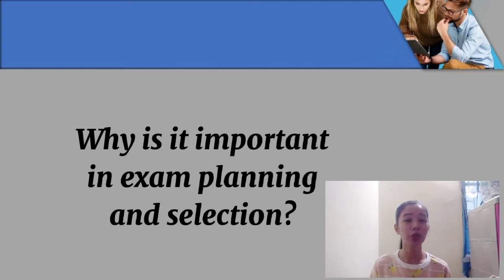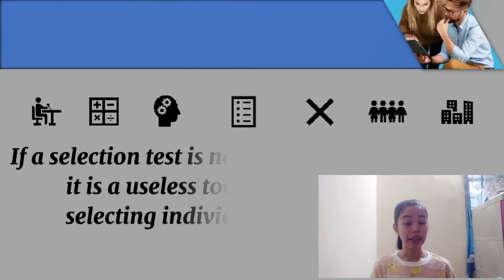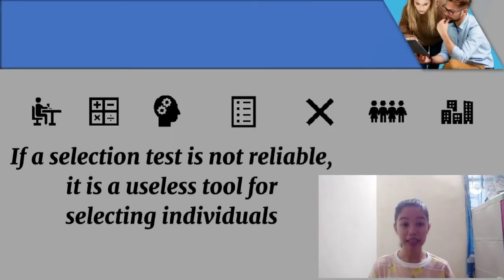If such a test were used to select applicants, it would be no better than if you had selected the applicants by drawing their names from a hat. The higher the reliability of a selection test, the better. Reliability should be 0.70 or higher. If a selection test is not reliable, then it is a useless tool for selecting individuals.